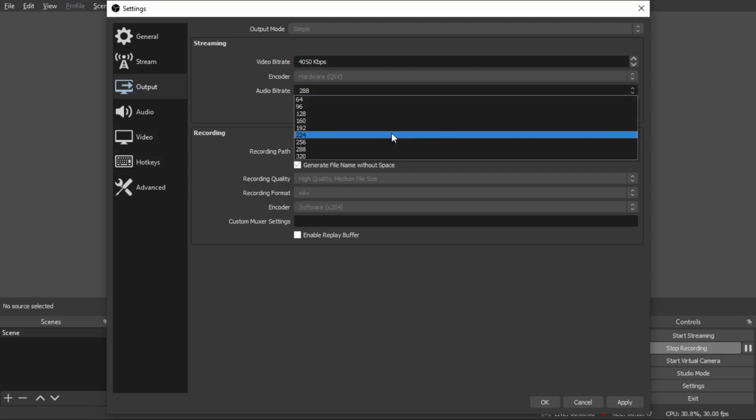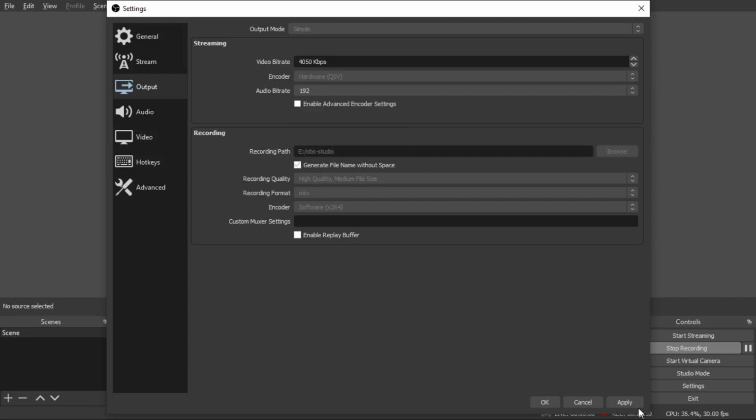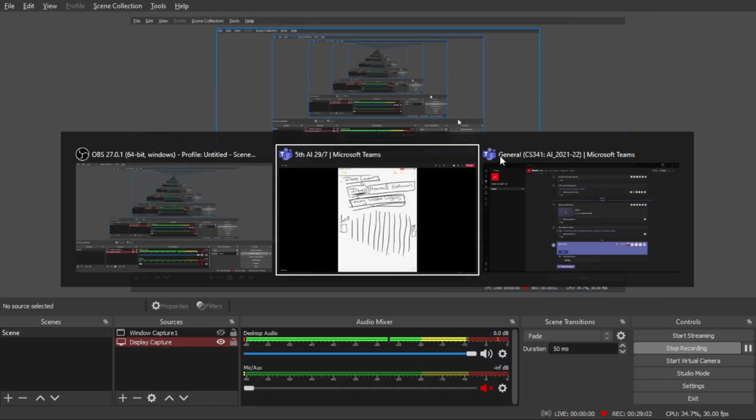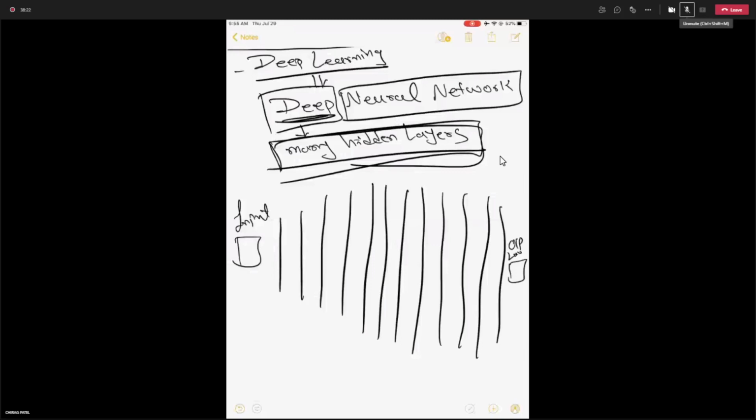This is your input. This 1, 2, 3, 4. All these lines are your hidden layers. This all are your hidden layers.